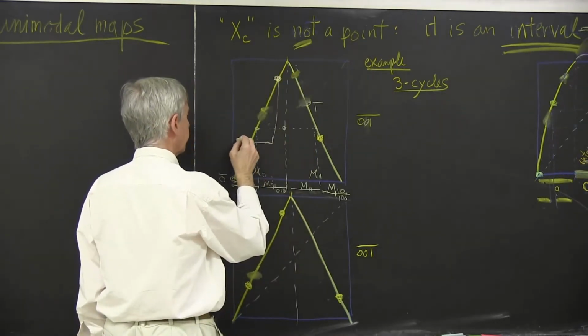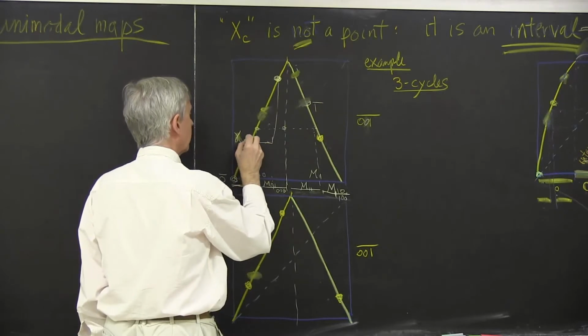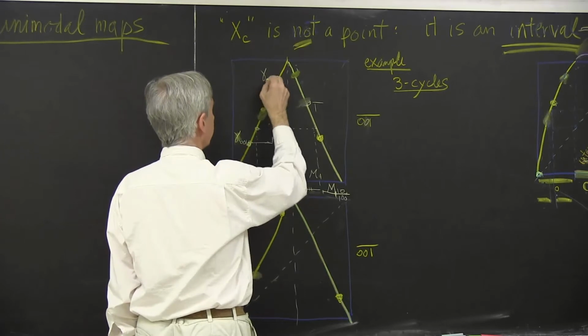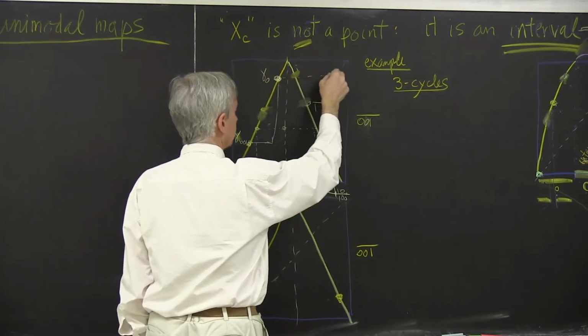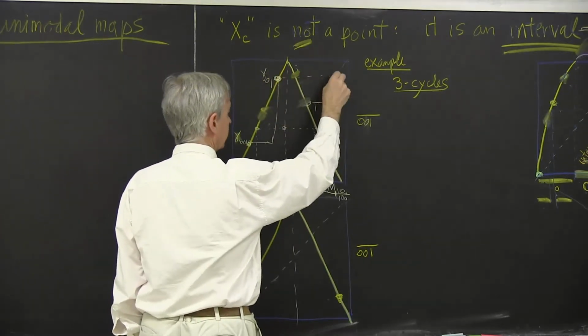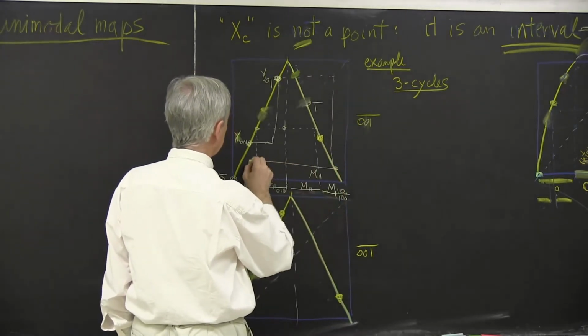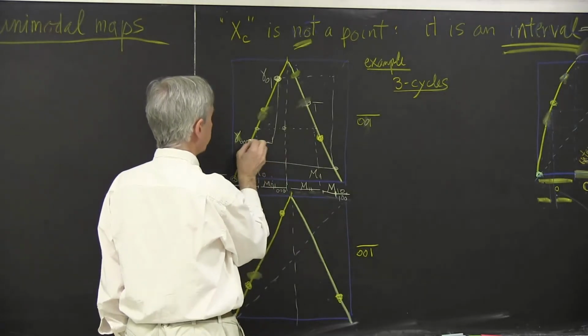So this point has a future 0, 0, 1. This one is on the left-hand side still, but then it'll get on the right-hand side. So it'll end up someplace here. And then I go to the diagonal and find it. And here is my 3 cycle.